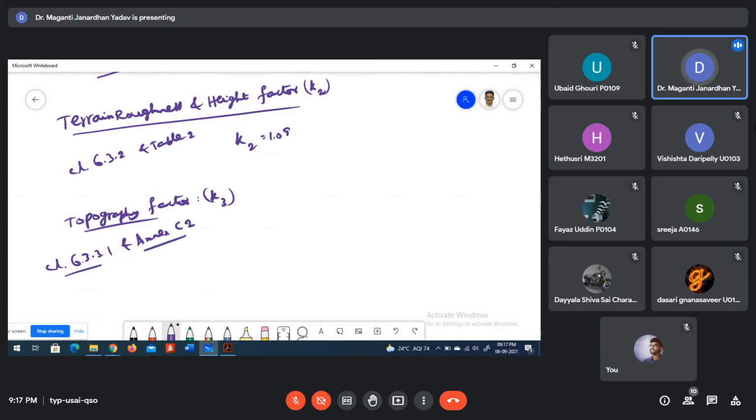Look at these clauses. What is the K3 formula given in the code? Please look at that.